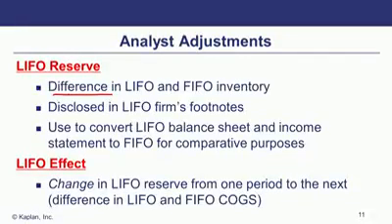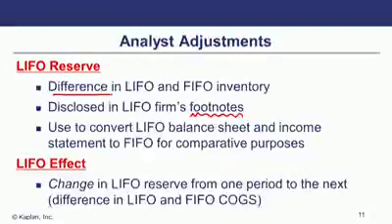Okay, so there it is. It's going to be sitting in the footnotes. Now that's good news for the analyst. What it means is we've got some of the information that we need to be able to adjust accounts from LIFO into FIFO. Okay, so that's what we're going to do. We're going to adjust balance sheet ending inventory if we want to adjust from LIFO to FIFO.